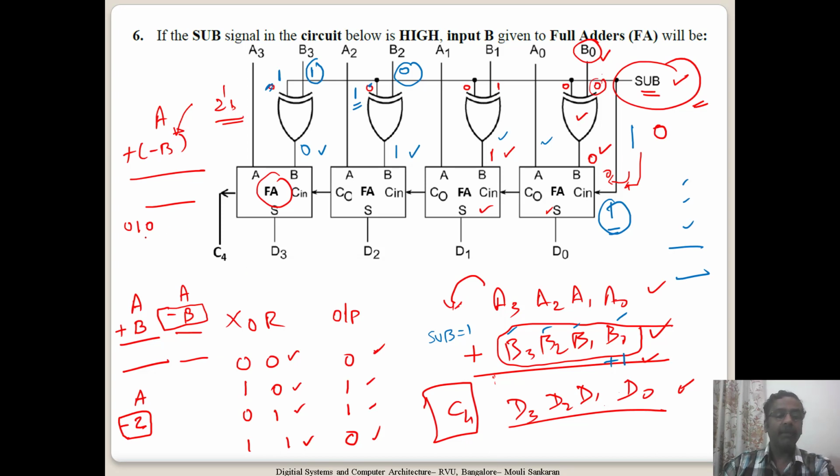Then I should first find the minus 2 and represent it in binary form. How do I do it? I find the 1's complement of this and add 1 to it. Now, to understand it better, let me remove everything.